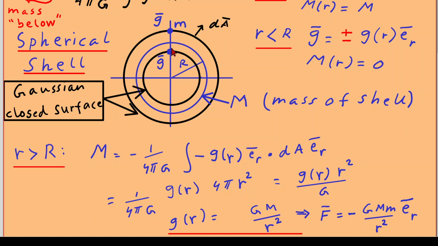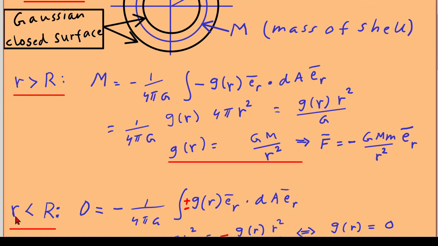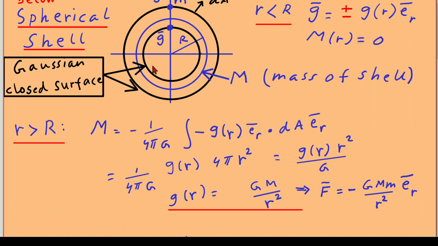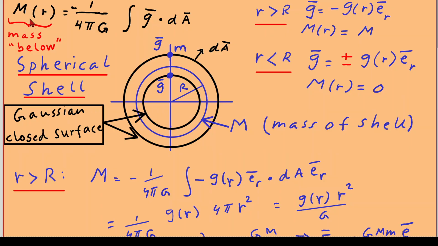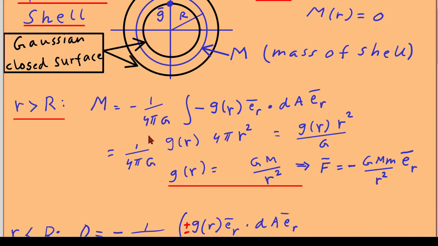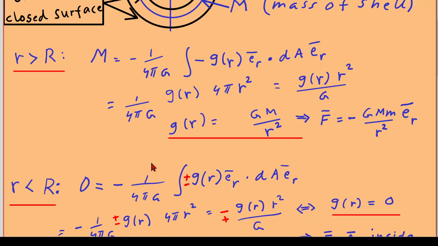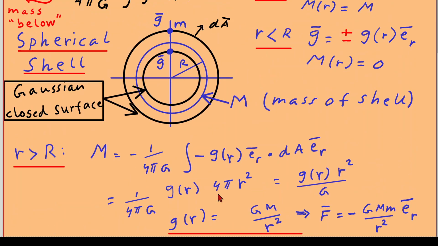If you're here instead, inside the shell, the blue one here. So now you're inside, right? The distance is less than capital R. Well, so the mass inside here, what is that? 0. So we put the 0 here then. Okay, then this constant, and then the integral of the gravitational field.